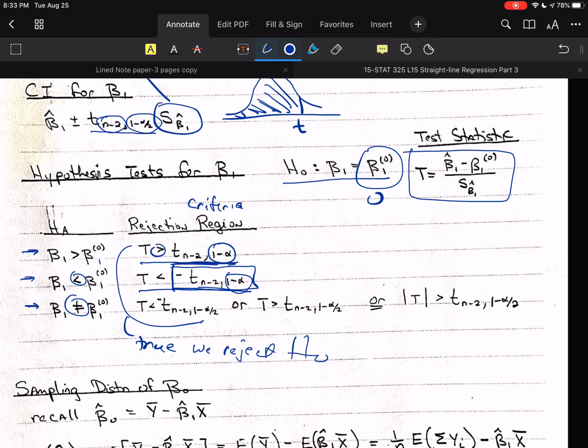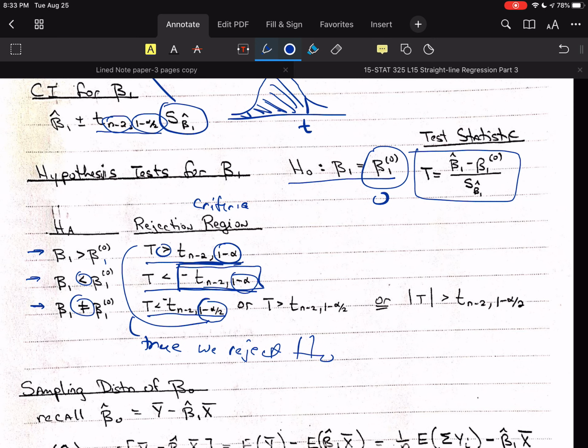But if we're doing not equal to, then it either has to be smaller than the negative, using the 1 minus alpha over 2, or greater than the positive, using, again, 1 minus alpha over 2. Another way to write this, or do this easily, is to say take the absolute value of our test statistic. If it's greater than this value, reject under this alternative.